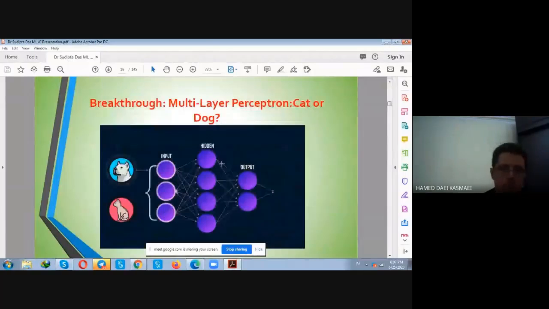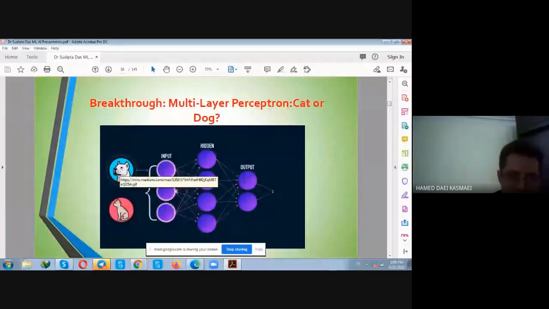About the multi-layer perceptron, we have an example of cat or dog. As input we have a cat or dog, so you have an input layer, hidden layer, and output. It's a kind of recognition where at last you will get a dog or a cat.